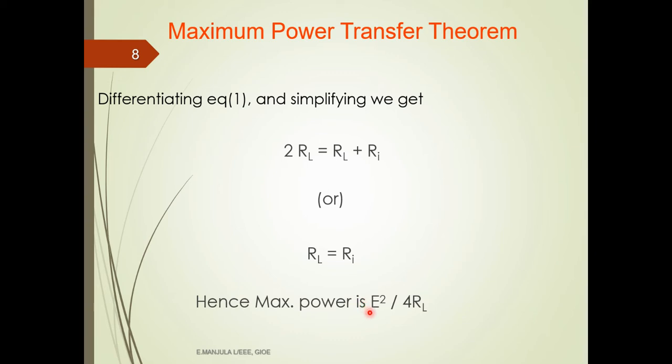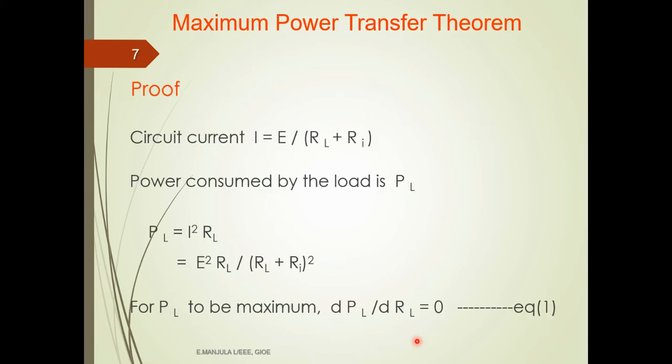So the maximum power is E square divided by 4RL. How has it been calculated? We know that the power is equal to E square RL divided by RL plus RI whole square.